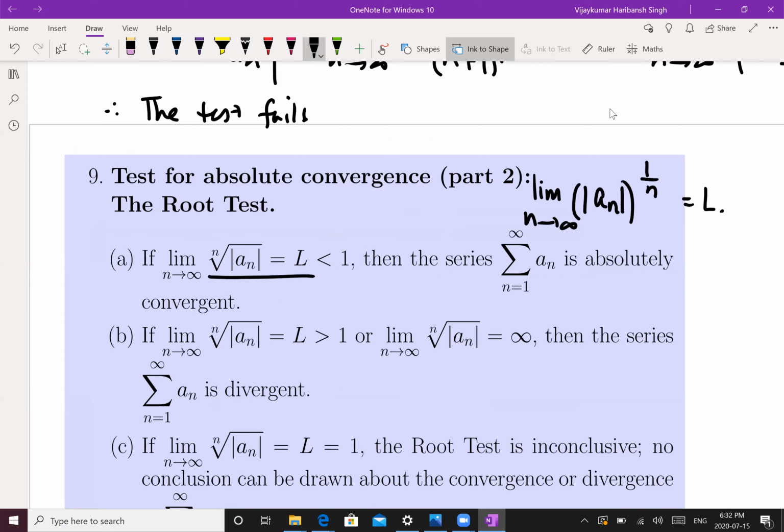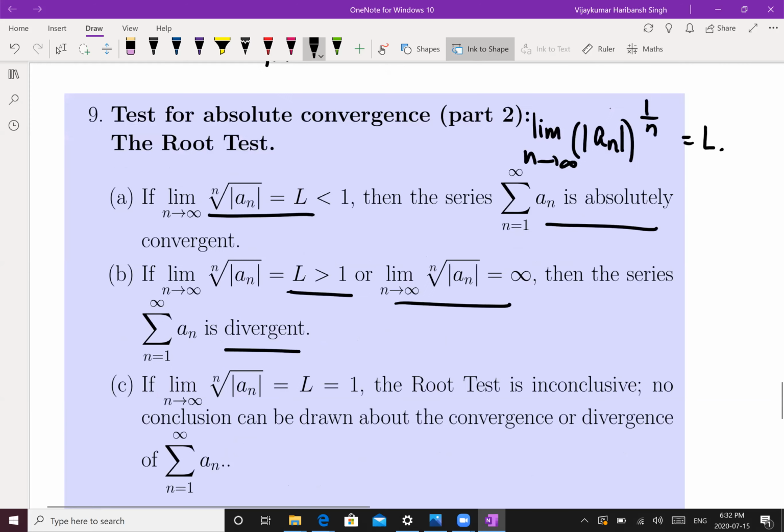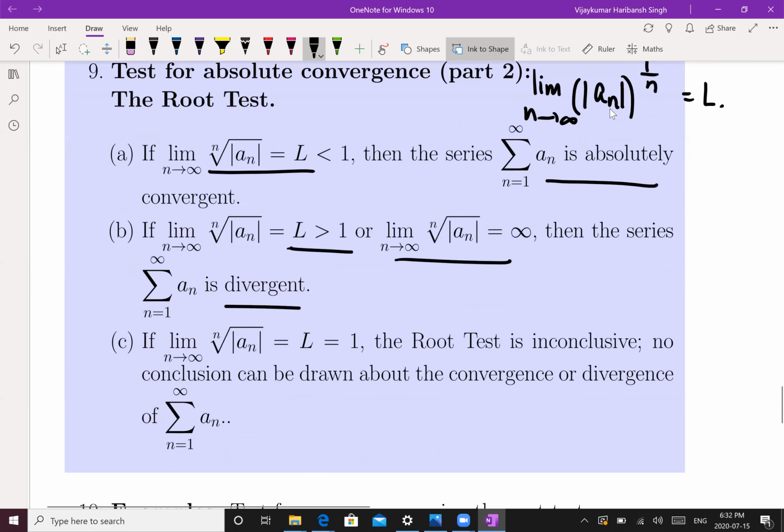If L is less than 1, then the series is absolutely convergent. If L is greater than 1 or it is infinity, then the series is divergent. If L is equal to 1, the root test is inconclusive. That means no conclusion can be drawn about convergence or divergence.